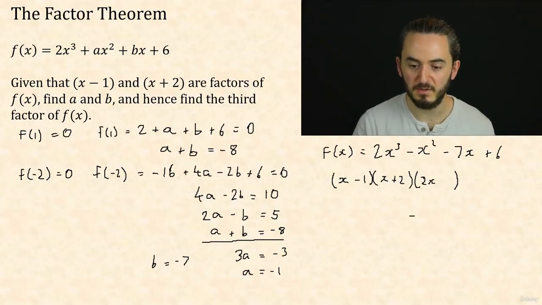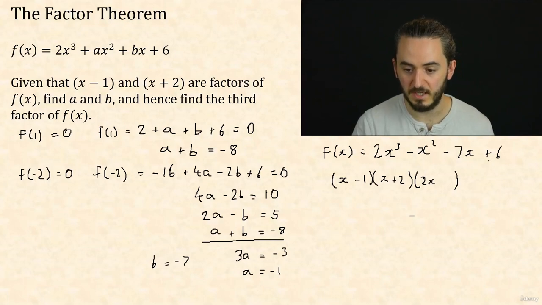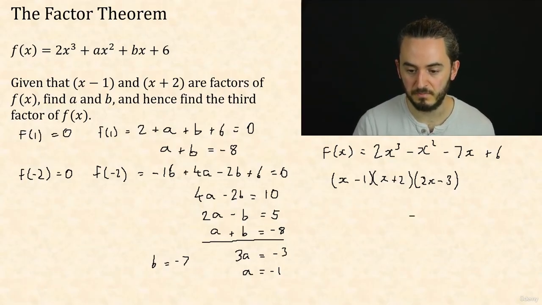That's the only way I'm going to get 2x cubed, by doing x times 2x. And what goes here? Well, it's got to be 6, and my 6 there comes from the three constants multiplied. Minus 1 times 2 times what gets me positive 6? Well, it's minus 3, because minus 1 times 2 times minus 3 is 6.